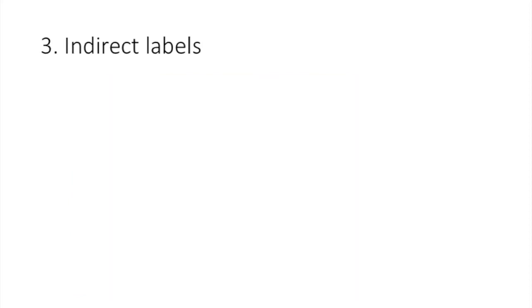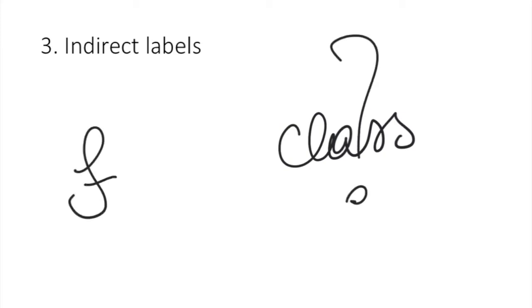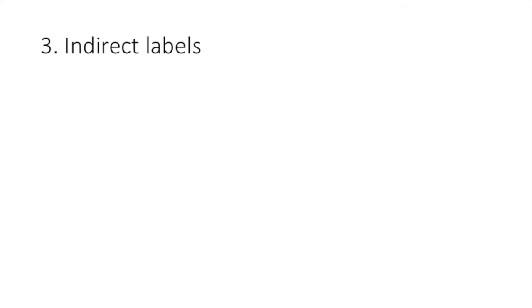Source number 3, indirect labels. In this case, we actually have no labels about the class at all. But we might have other features which do indicate that the class is positive. So we can just use these features as indirect labels.